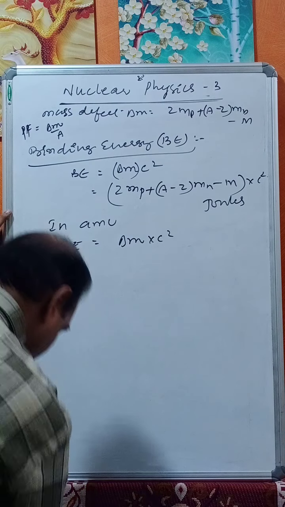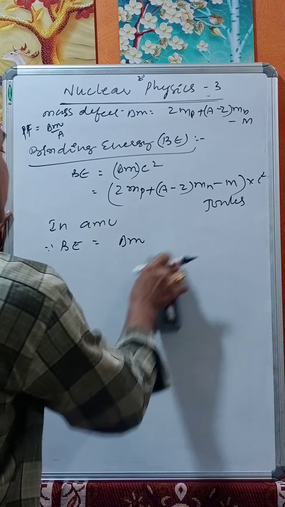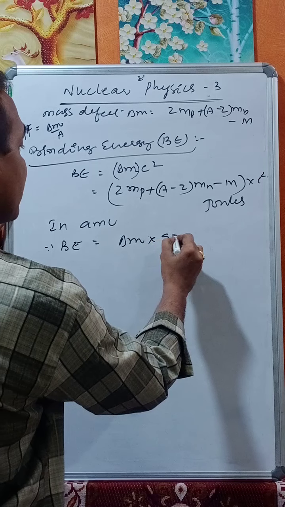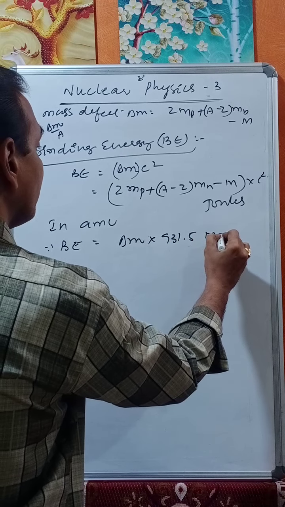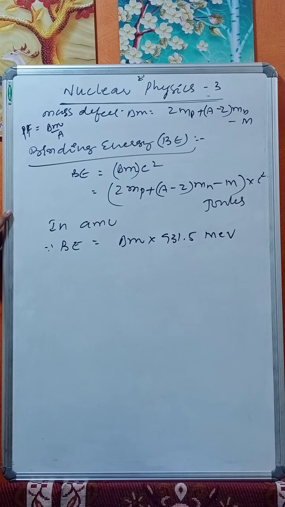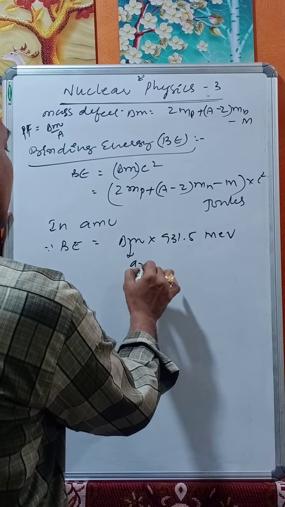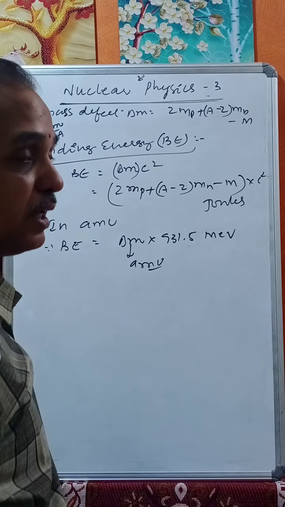That is equal to delta m into 931.5 million electron volts. Here delta m should be in atomic mass units.